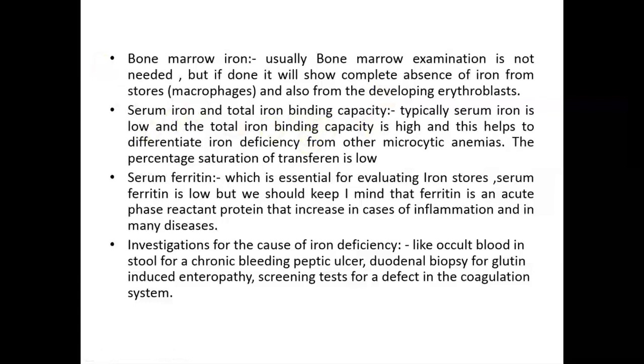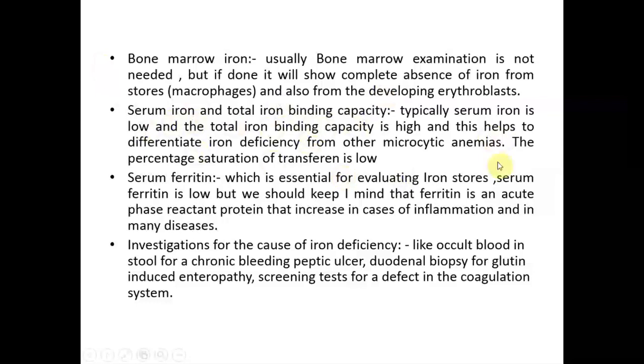Since I have a deficiency, what do I expect? All these sites will be empty, capable of binding more and more iron. So the iron will be reduced and the total iron binding capacity will be high. This will help in differentiating it from anemia of chronic disease and other forms of microcytic anemia.